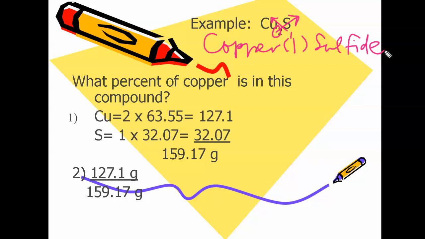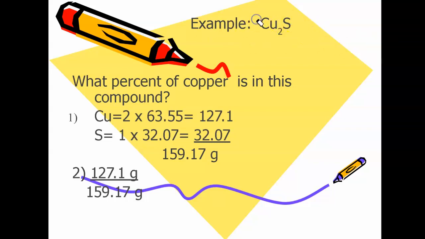So the question is, what percent of copper is in this compound? When I look at this compound, and I'm going to erase this name here so you can see this compound again, I can see that I have 2 coppers, so I'm going to multiply copper's atomic mass by 2. And that gives me 127.1.